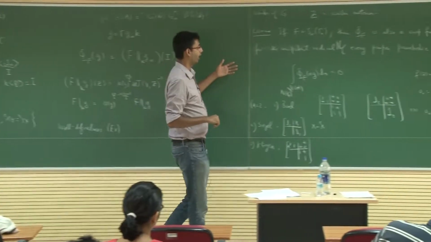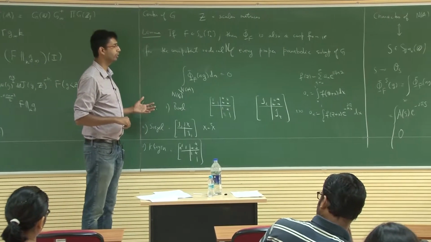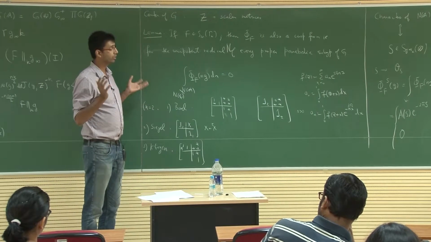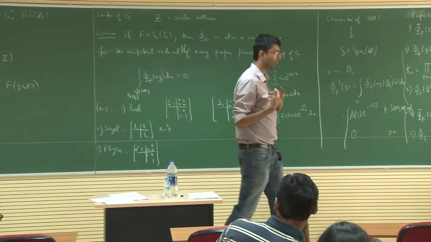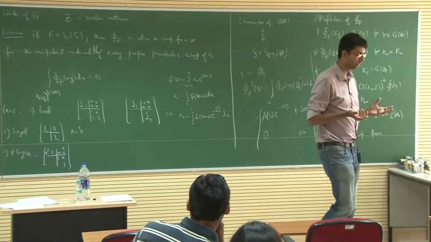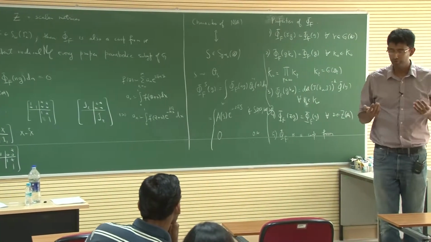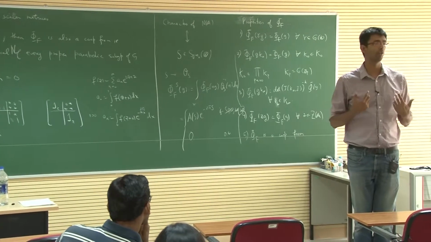So what did we do? We took a Saito-Kurokawa lift coming from the automorphic side, and we said, if that is the case, then the representation theory tells us something about what the representation looks like, and then we can look at what's called the Bessel model of such representations.